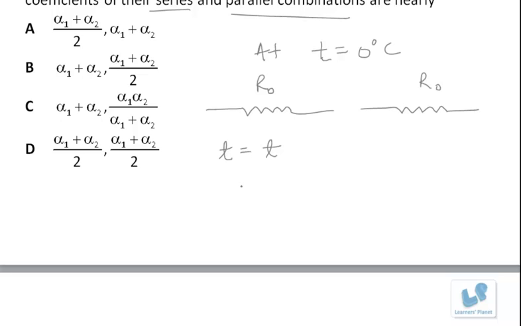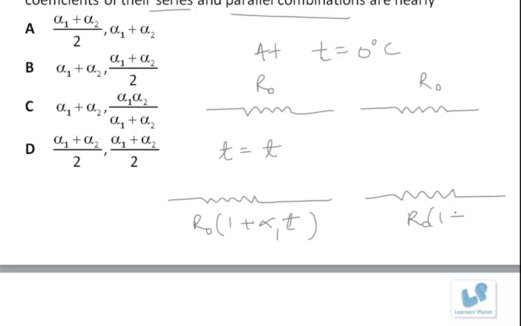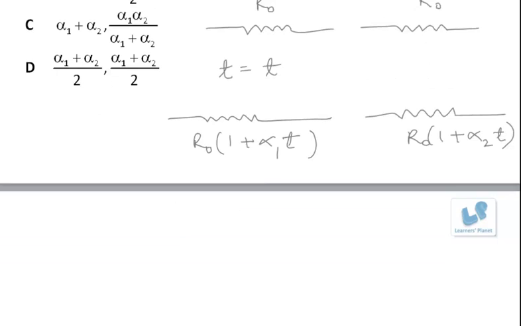at that time their resistance would be R0 (1 plus alpha 1 T), and for the second it will be R0 (1 plus alpha 2 T). Okay, now let us take the first case of series combination.